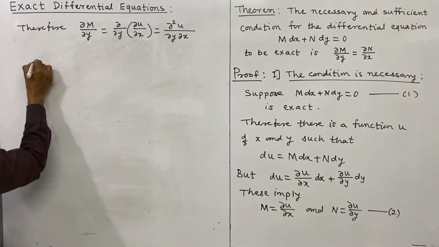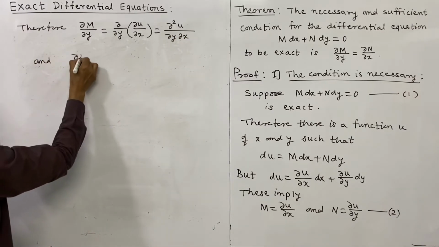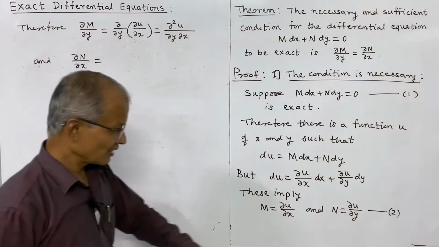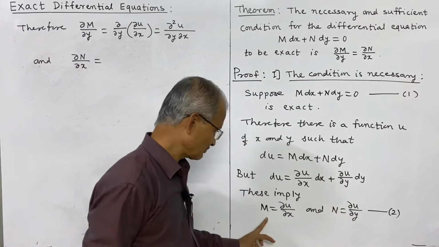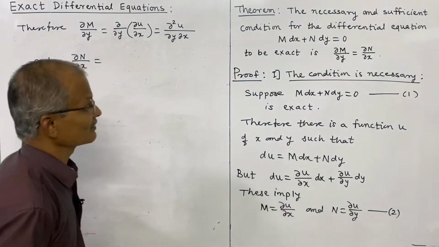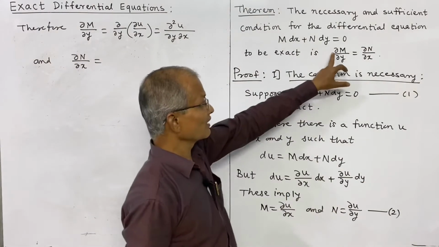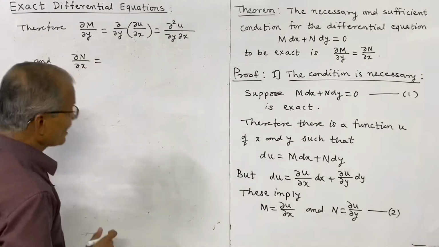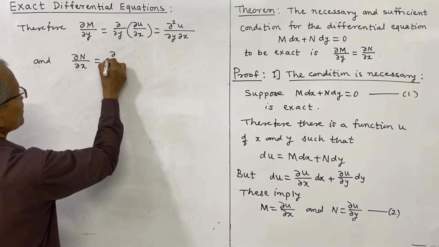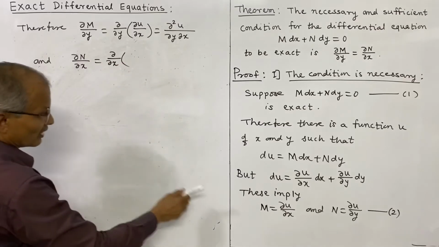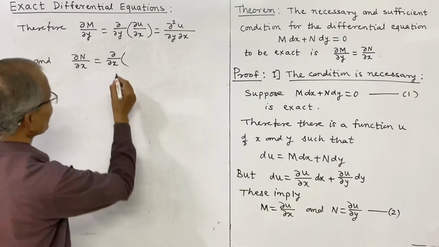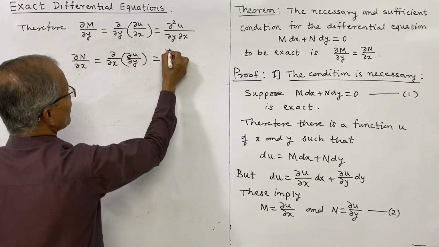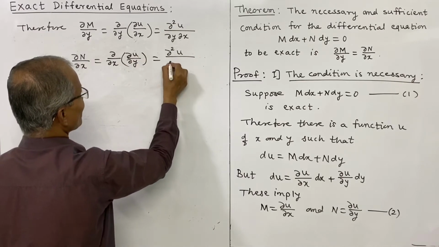And what is ∂n/∂x? Differentiate this partially with respect to x, first with respect to y, second with respect to x, because we actually want to prove these are equal. And ∂n/∂x is ∂/∂x of n, which is ∂u/∂y, and that is ∂²u/∂x∂y.